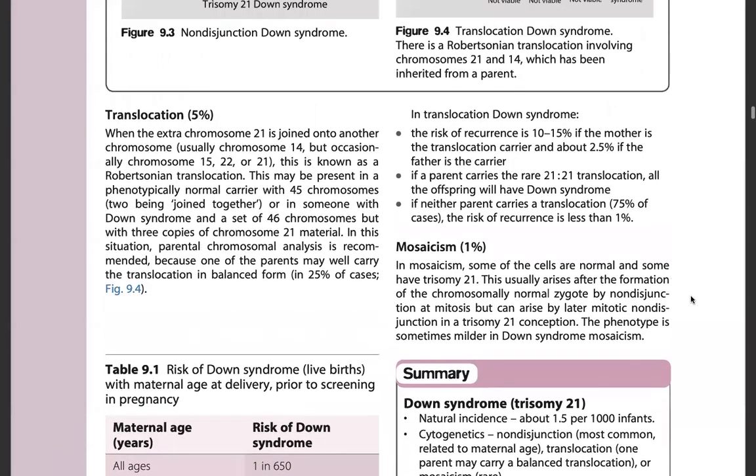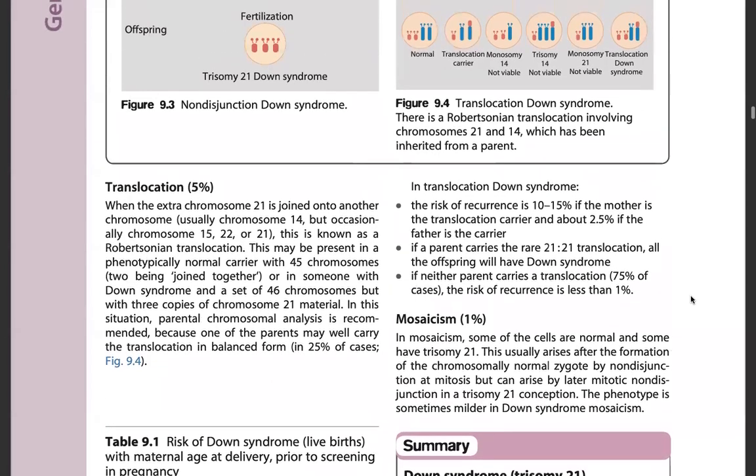live births. In translocation Down syndrome, the risk of recurrence is 10 to 15% if the mother is a translocation carrier and about 2.5% if the father is the carrier. If the parent carries the rare 21:21 translocation, all the offspring will have Down syndrome.